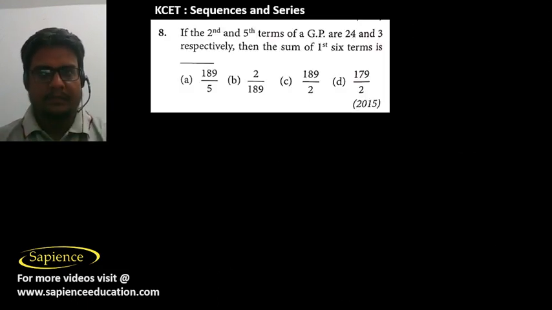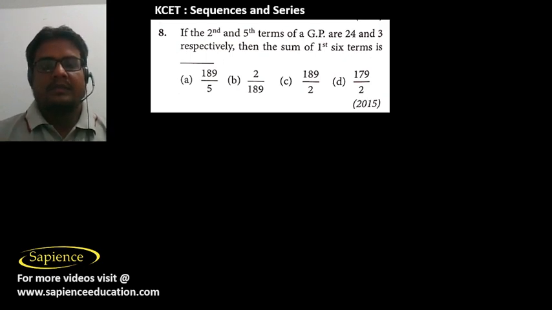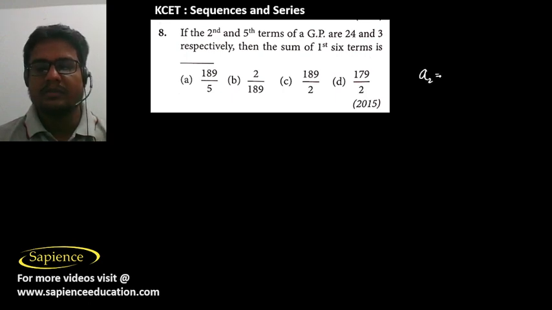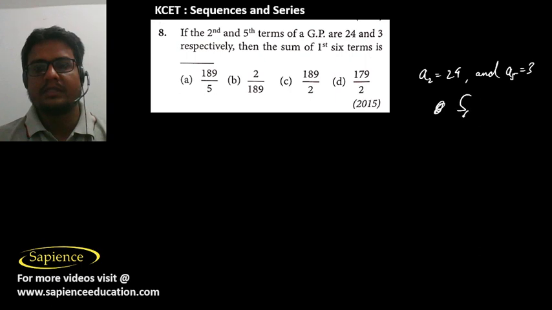Now it is told that if the second and the fifth terms of a GP are 24 and 3 respectively, then the sum of the first 6 terms, that is S6, we have to find.